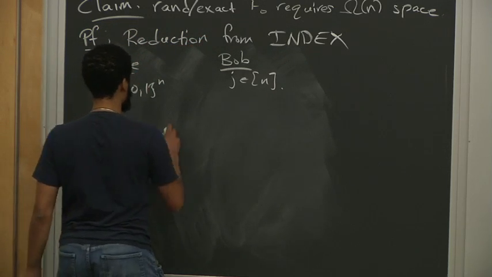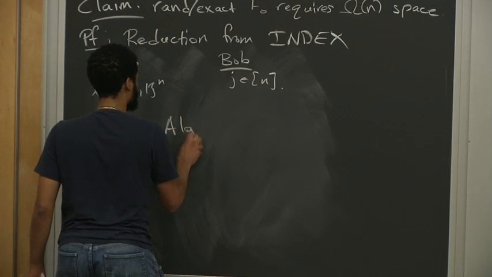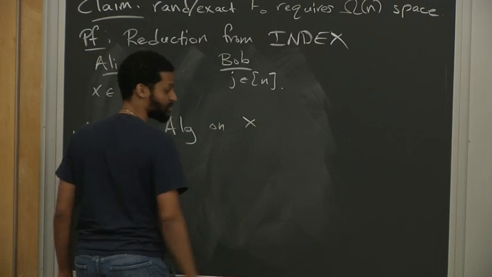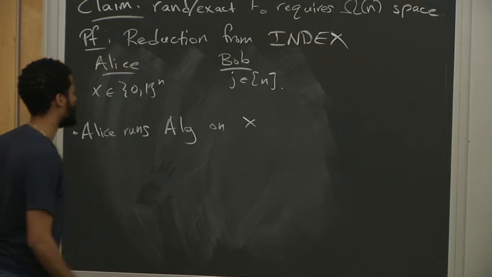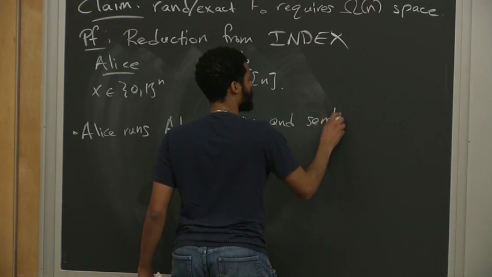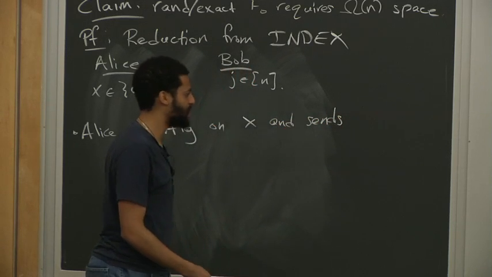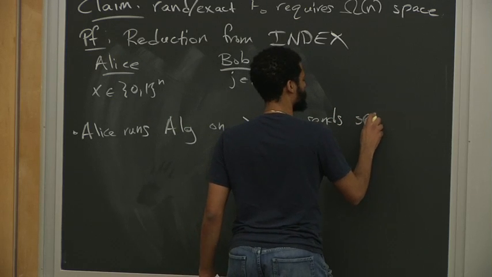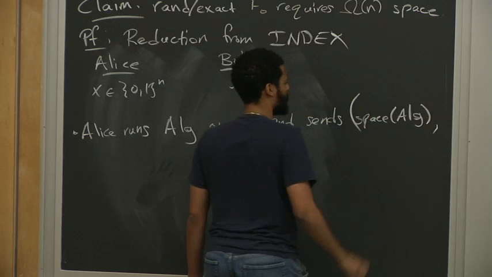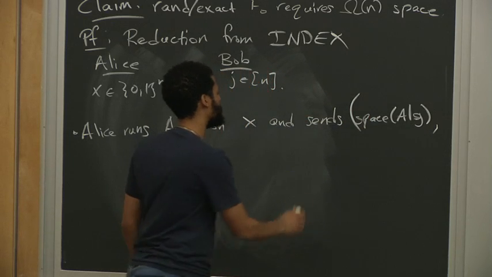So Alice runs alg, the streaming algorithm, on x, and sends, what does she send? The memory contents.